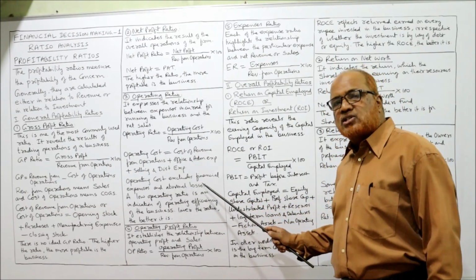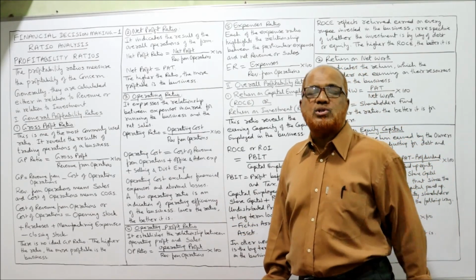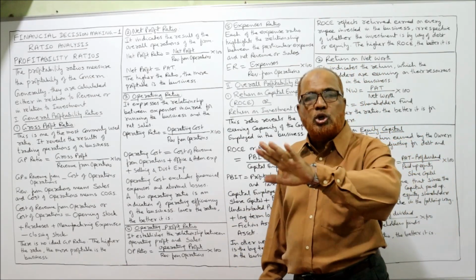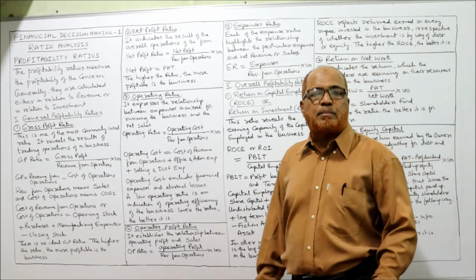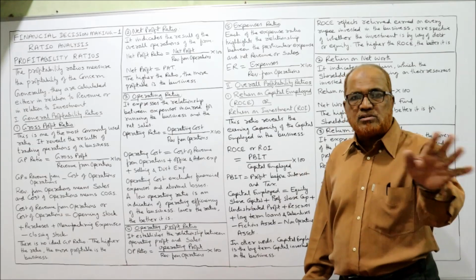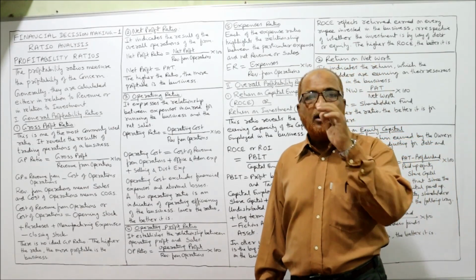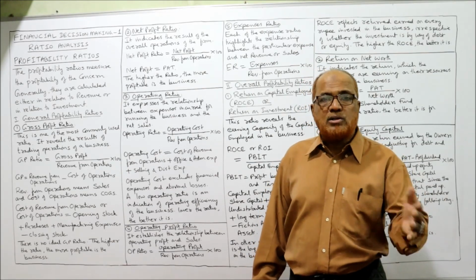Operating cost excludes financial expenses and abnormal losses. So while calculating operating cost, two things should not be taken. The first is financial expenses like interest paid and finance charges paid. Similarly, abnormal losses like loss on sale of machine or loss on sale of furniture should not be taken.